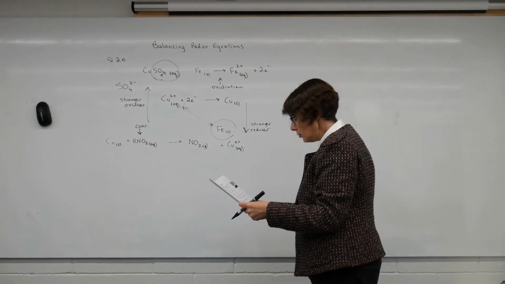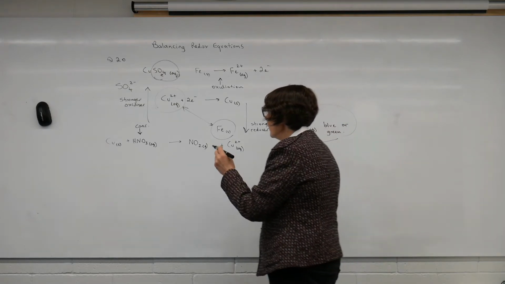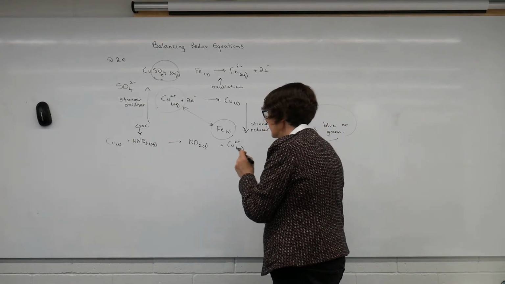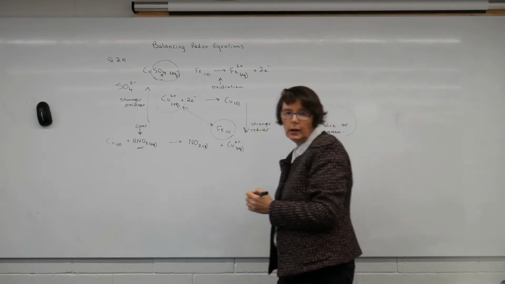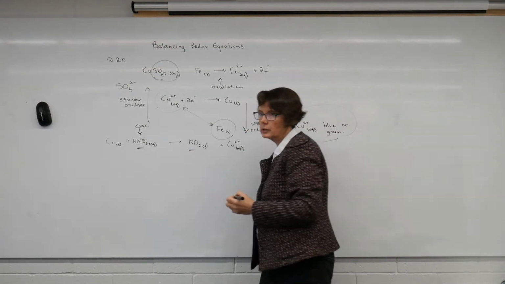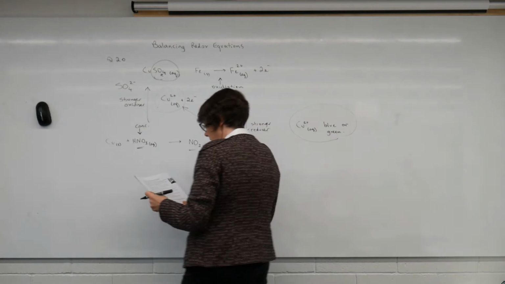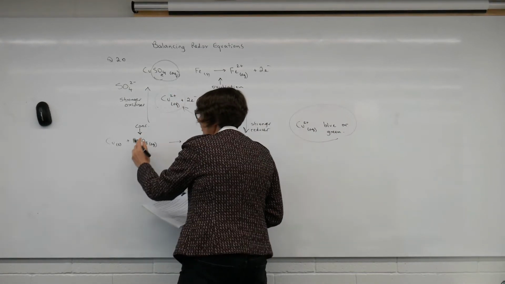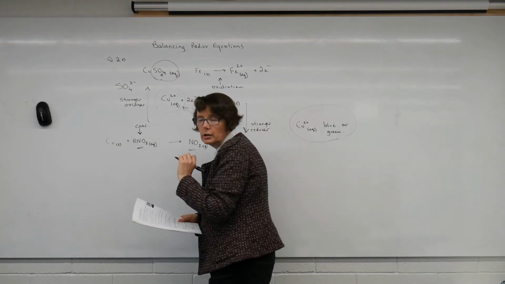All right, now it says write a balanced redox equation. So if I look at this, I can see that it's the nitrate part of the nitric acid that's reacting to form the nitrogen dioxide. Yeah? And so I'm not going to treat it as nitric acid.